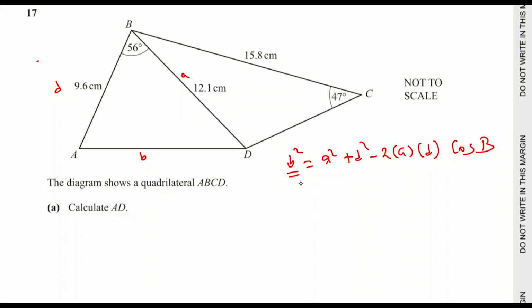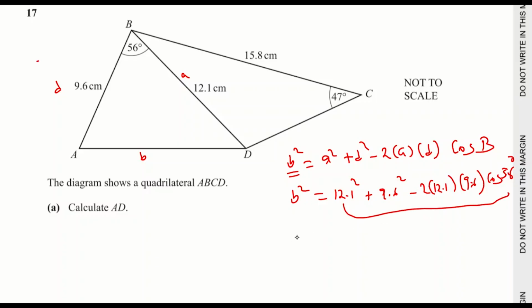So I can key in the values now. b squared equals 12.1 squared plus 9.6 squared, minus 2 times 12.1 times 9.6, then cos 56 degrees. You can input this into your calculator straight away and you will get the answer. If you input the whole of this at once, you save time.